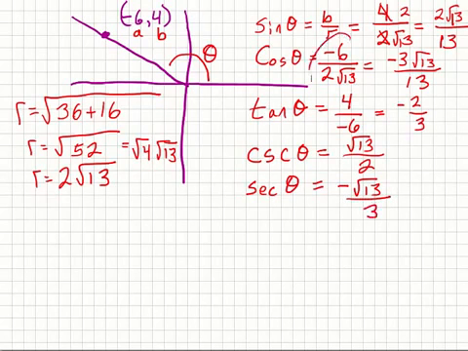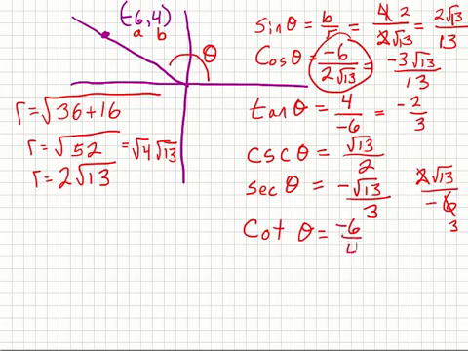Again, I take this value, the reciprocal of 2 square root of 13 over -6, divide out my 2's, and I get -square root of 13 over 3. And finally, cotangent of theta is going to be the reciprocal of tangent, -6 over 4, which is -3/2.